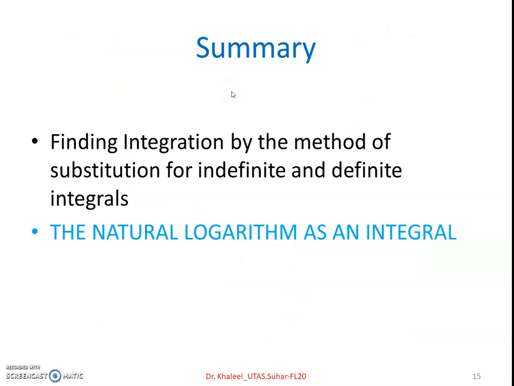What we studied in week number 14: finding the integration by the method of substitution for indefinite and definite integrals, and how to find the value of the natural logarithm using the integral.